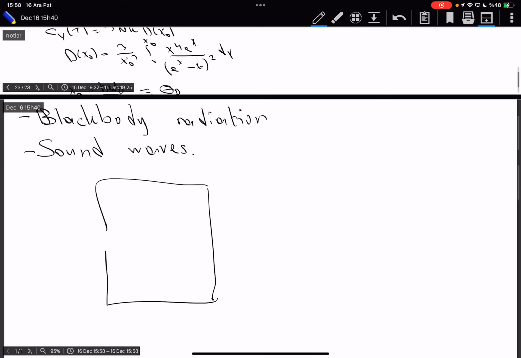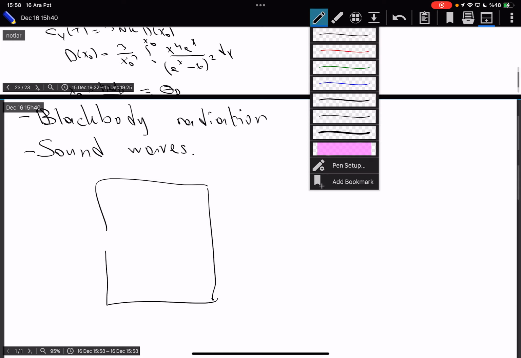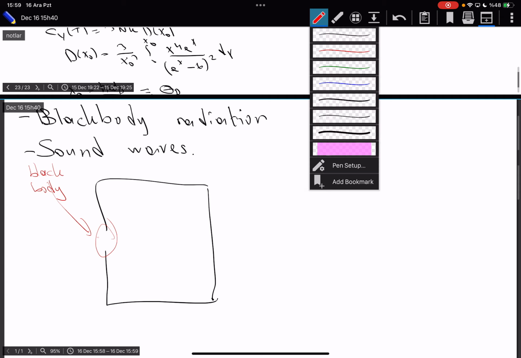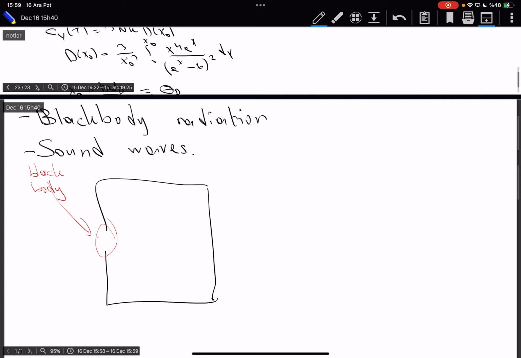There's a hole over there. You see, the black body is this hole. This is our black body. Not the electromagnetic radiation inside this box, but that hole is our black body. So let's first clarify that.